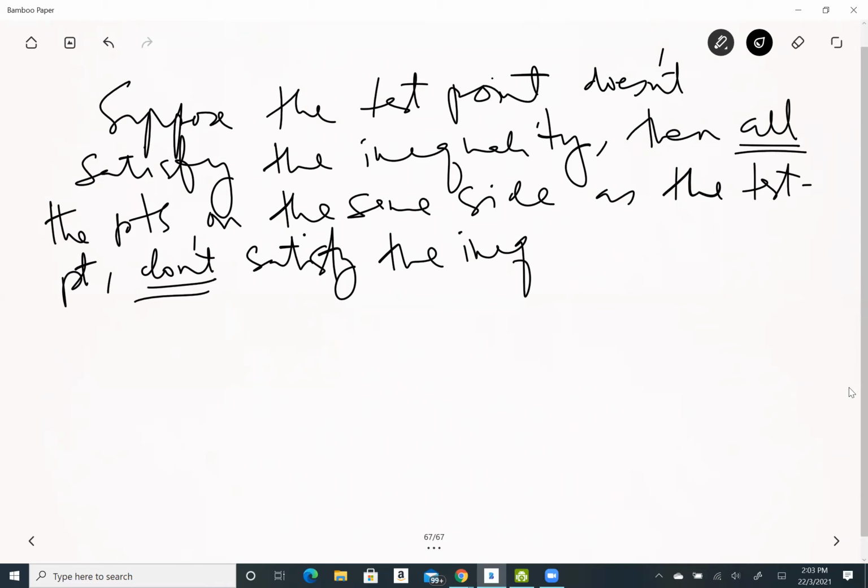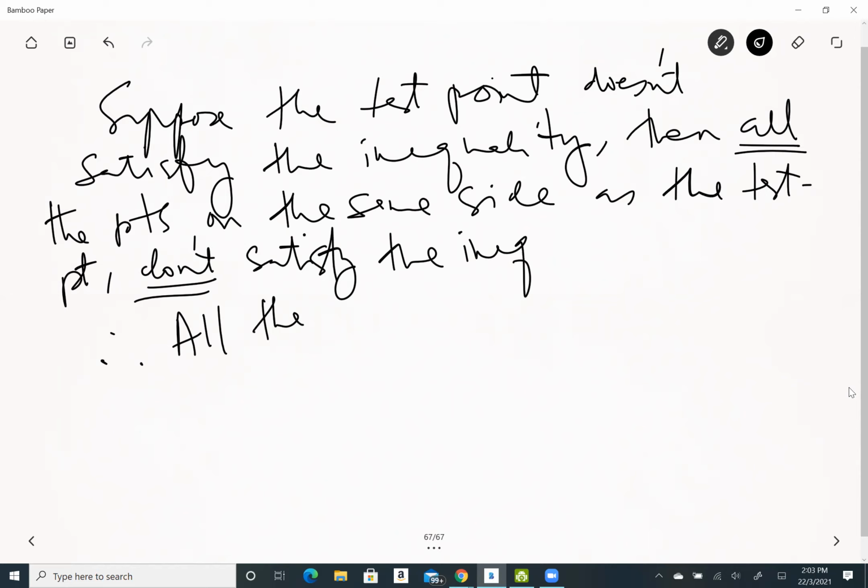Okay, all right. So therefore, we don't have to test another point. So where is the inequality? There are only two possibilities: either satisfy or don't satisfy.